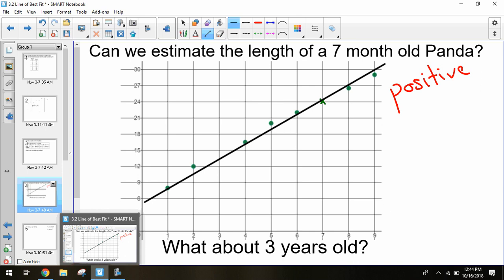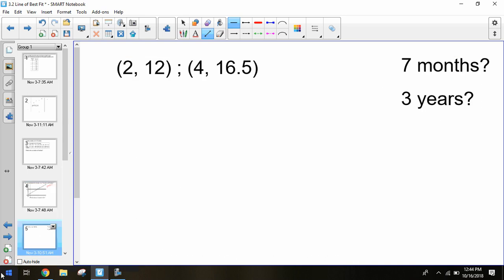So we can use that same method to find the equation of this line of best fit. All we need to do is pick 2 points that seem to be on our line, and then use those to find the equation. The 2 points I picked were (2, 12) and (4, 16.5). These were 2 points on our data that our line of best fit was pretty close to.